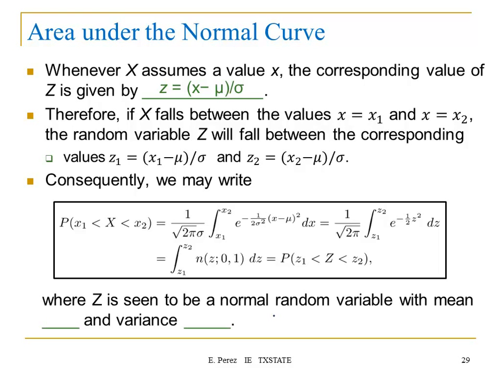Now you have a nicer looking integral, which is easier to solve, but you don't have to solve it because we're going to have tables to find those probabilities. Z is seen to be a normal random variable with mean 0 and variance 1. So we go from the PDF of the normal to a standard normal distribution with mean 0 and variance 1.